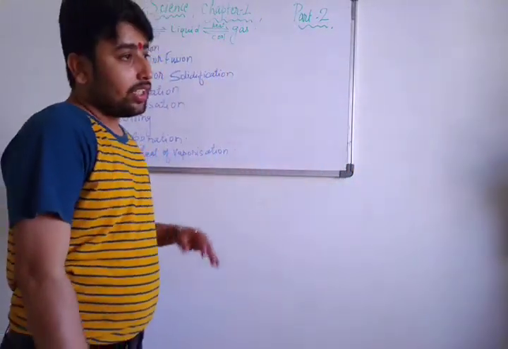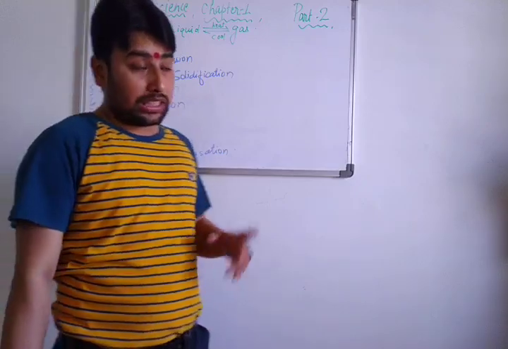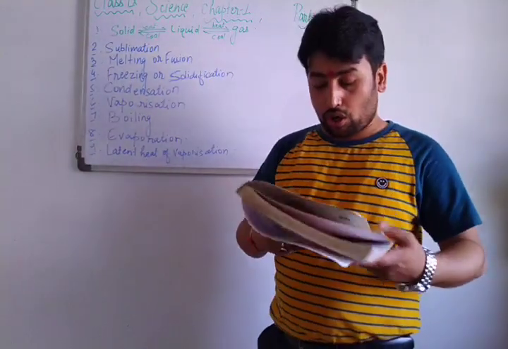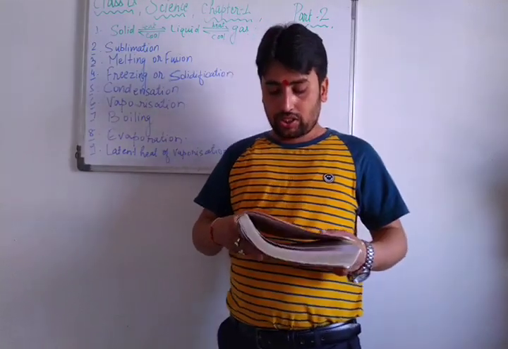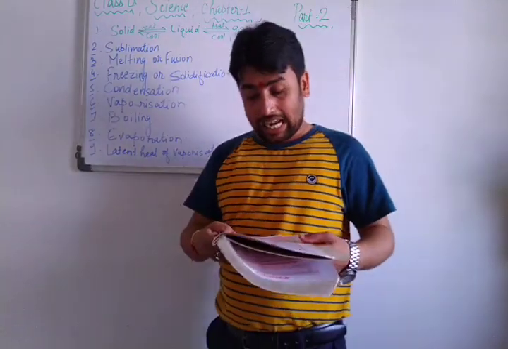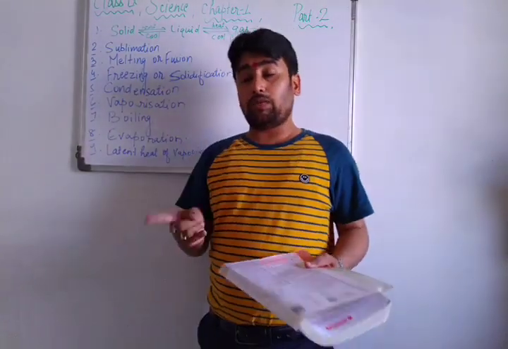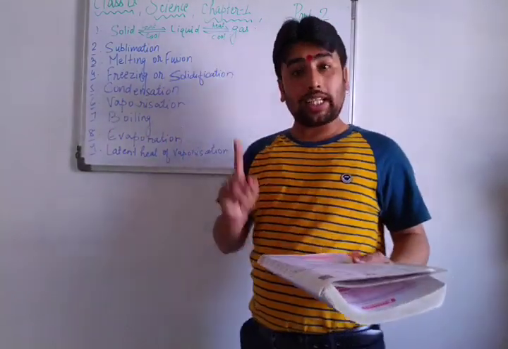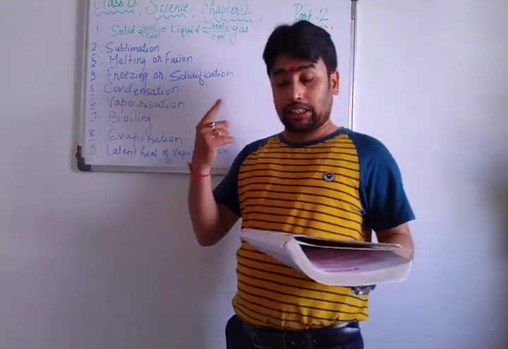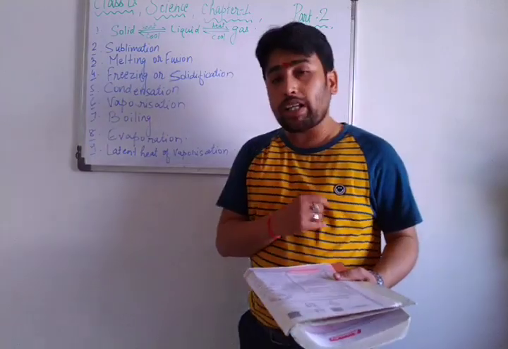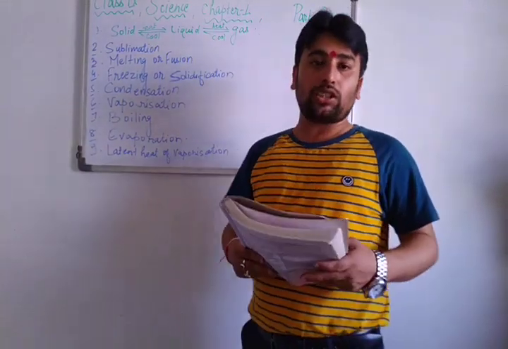Once again, I am repeating: when 1 kg of liquid changes into gas at atmospheric pressure at its boiling point, the heat required is called the latent heat of that liquid.